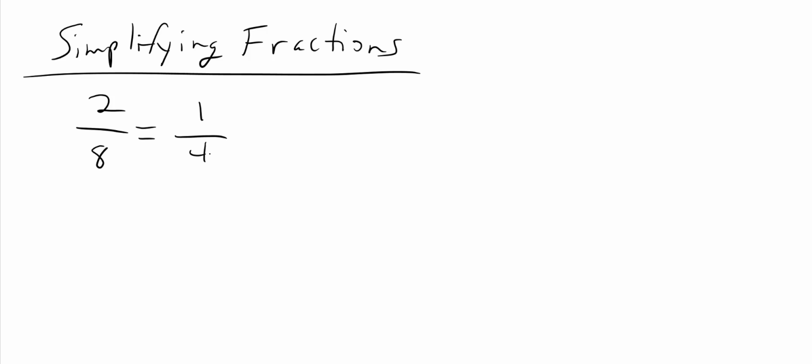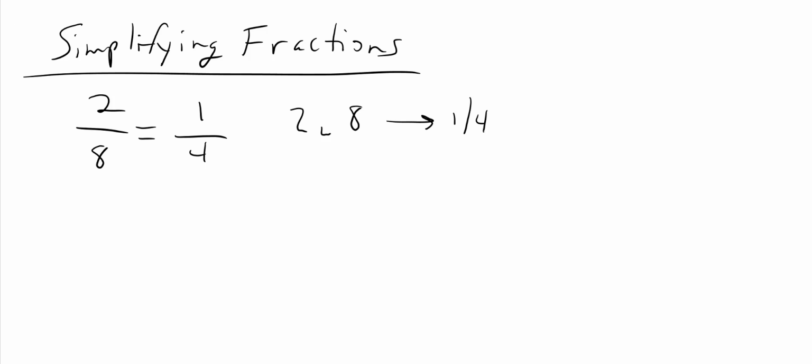So 2/8 is 1/4. You can even use your calculator to do that. If you typed in 2/8 and hit enter, it will actually give you 1/4. So try it in your calculator, and it does a nice job.